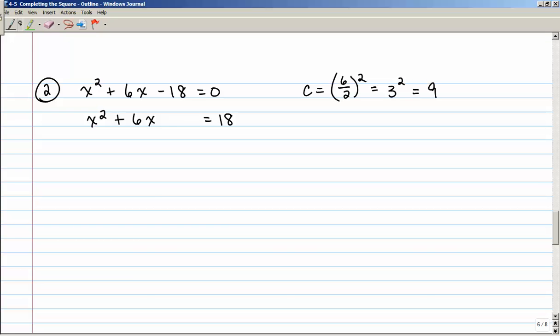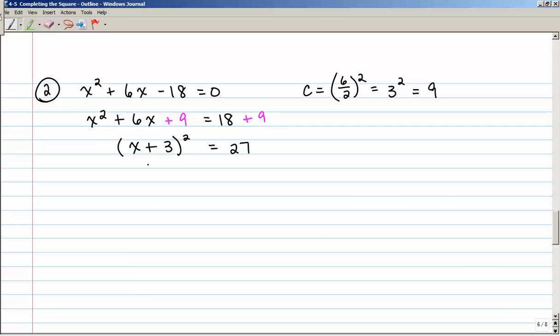Maybe I'll go ahead and do that in pink so it kind of stands out a little bit here. Added that to both sides. The left-hand side will factor into x plus, because there's a plus here, 3, because 3 is the square root of 9, equals 27.